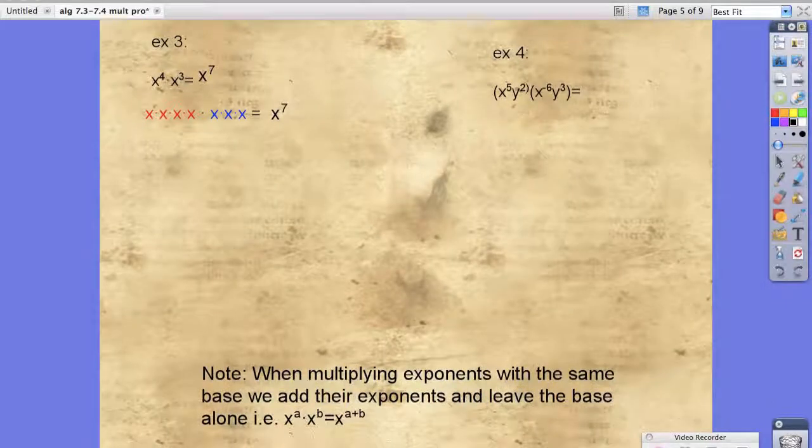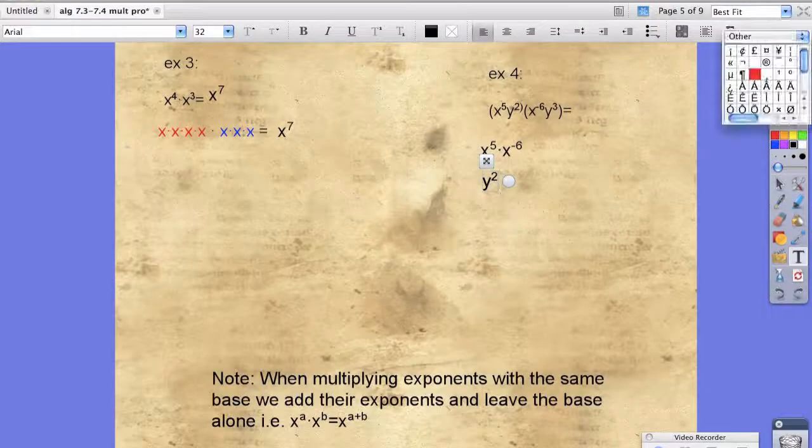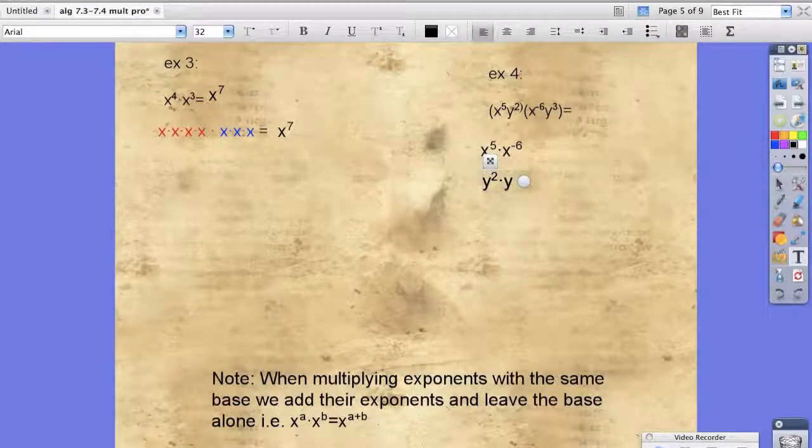In this instance, we can separate this again. We have x to the 5th times x to the negative 6th. We also have y to the 2nd times y to the 3rd.